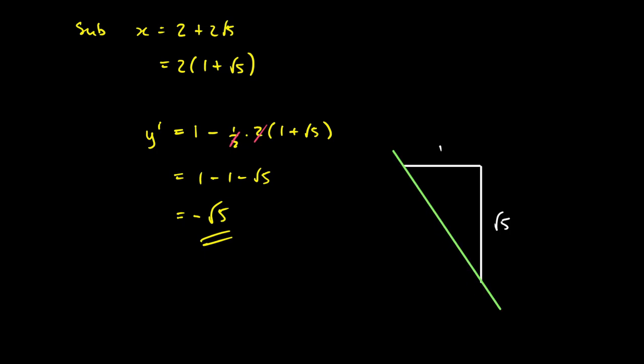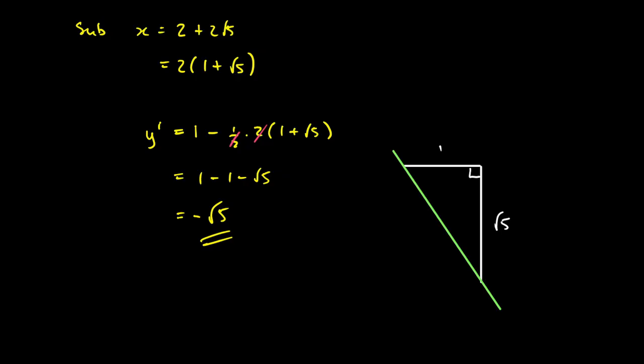Then that is going to represent a gradient of negative root 5, isn't it? Because what does the gradient of negative root 5 actually mean? It means that for every one step I go across in x, I go down by root 5. So if the gradient of our tangent is negative root 5, it means that I can draw this triangle, I go across one step and I go down root 5.